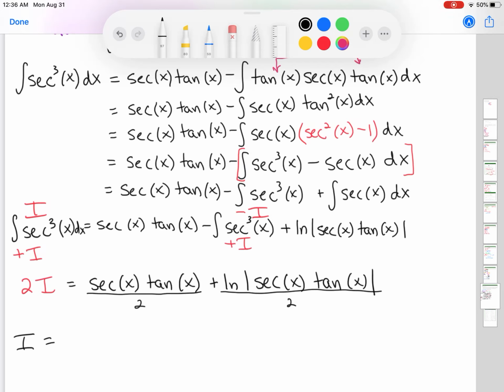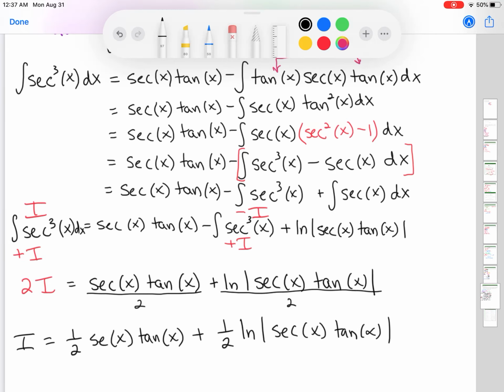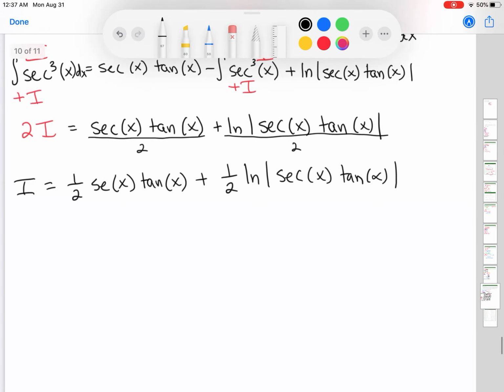What does that translate to? We have I equal to 1/2 secant x tangent x plus 1/2 ln absolute value of secant x + tangent x, and then close the absolute value symbol. I is obviously standing in place for our integral, so let me rewrite what I is.